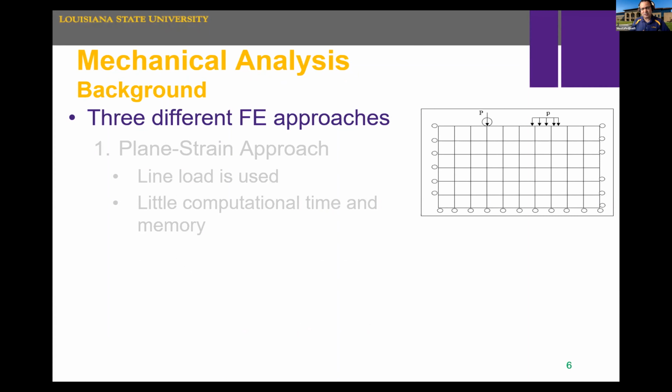So we completely ignore the third dimension. And there has been work done in the past that has shown that this method can be accurate in some cases, but it may not account for, for example, the vehicle speed, and it may not account for, for example, the longitudinal strain when the load is moving.